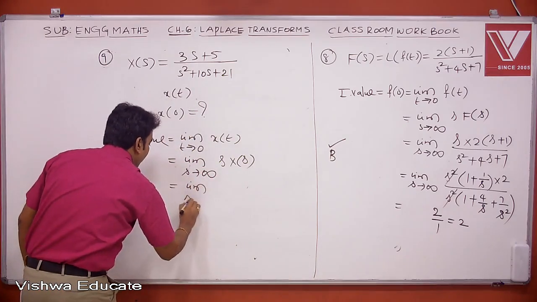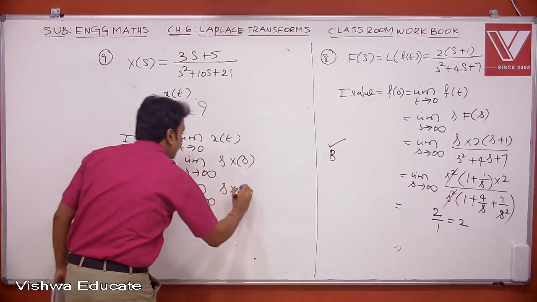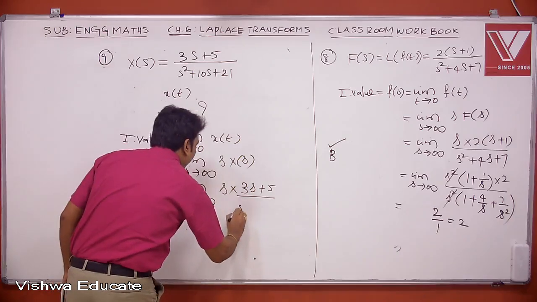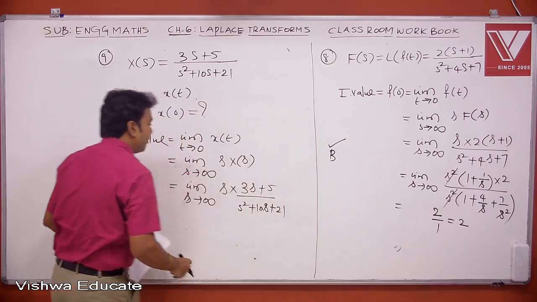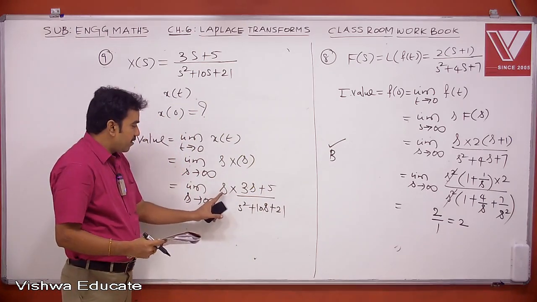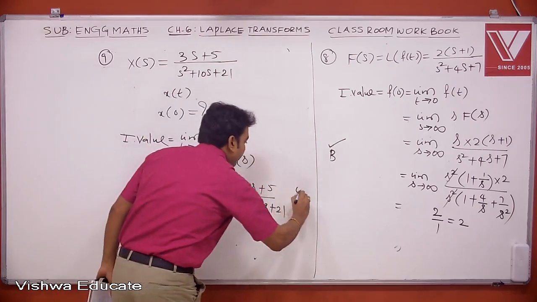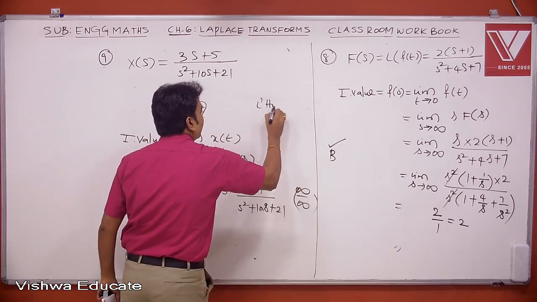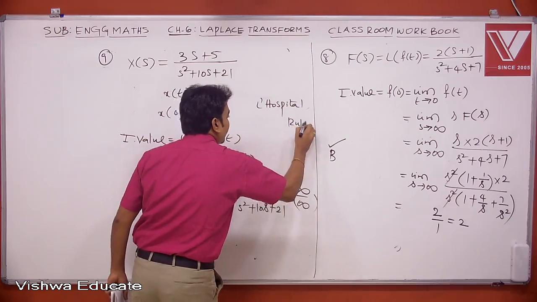So this is limit s tends to infinity, s into X of s, which is s into (3s plus 5) divided by (s square plus 10s plus 21). Now when you replace s by infinity, it becomes infinity by infinity form. So we can go for L'Hospital rule. L'Hospital rule means finding derivatives.